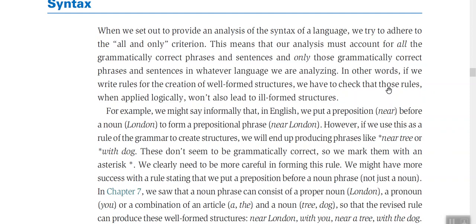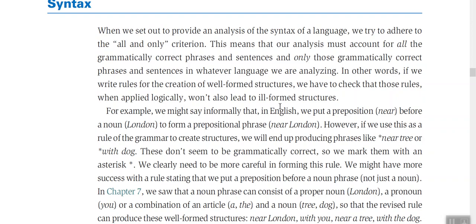In other words, if we write rules for the creation of well-formed structures, we have to check that those rules, when applied logically, will not also lead to ill-formed structures. So we have to be sure that these rules should not lead to ill-formed structures.